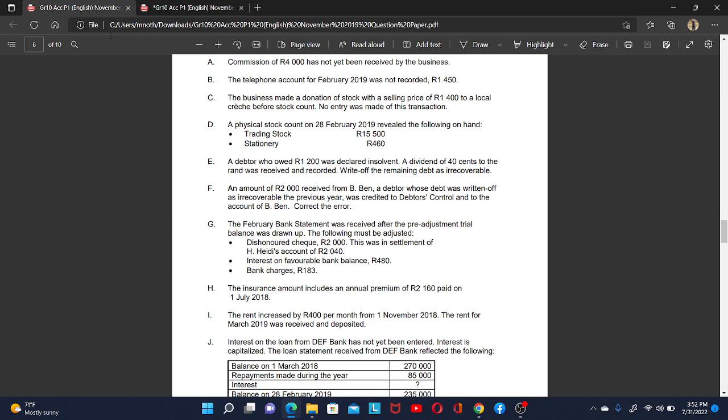The February bank statement was received after the pre-adjustment trial balance was drawn up. The following must be adjusted. Dishonored cheque of 2,000 rand. This was in settlement of an account of 2,040. So the dishonored cheque is 2,000 rand and his account was 2,040. This means that we gave this debtor a discount.